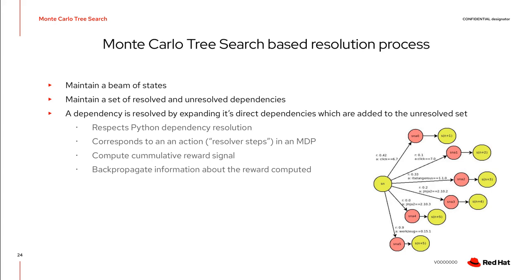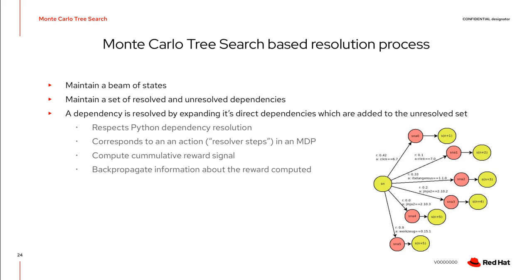I've already mentioned that we have a resolved set and an unresolved set of dependencies, and if we move a dependency from the unresolved set to the resolved set, then this is called an action. In the resolver's implementation, it's called a resolver step.